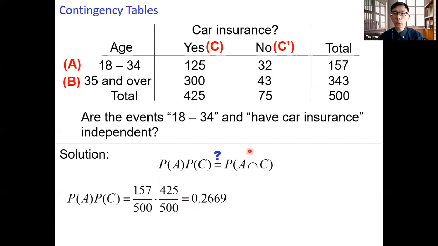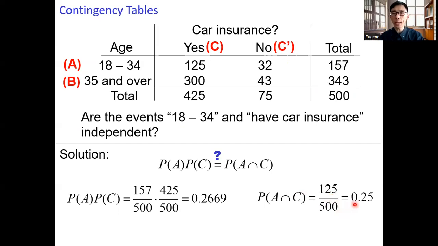Let's take a look at the right-hand side, the probability of A and C. This is the probability that the driver is between age 18 and 34, and the driver also has car insurance. The corresponding probability equals 125 divided by 500.